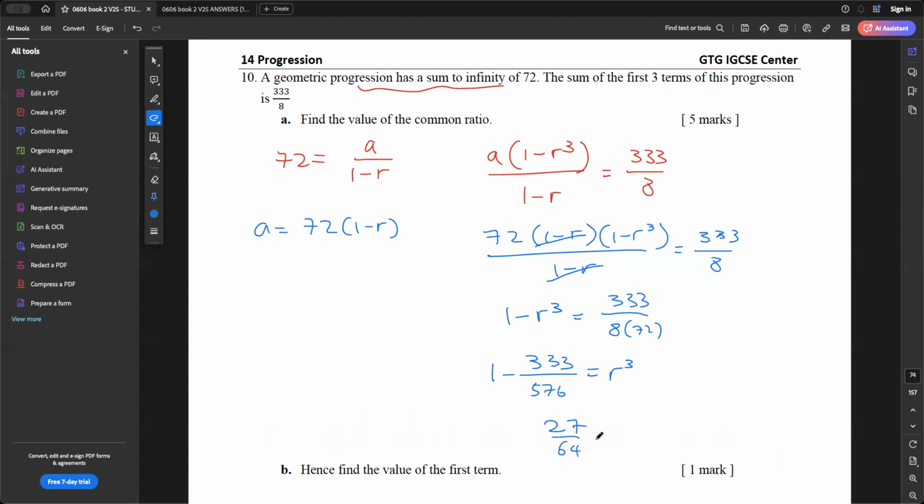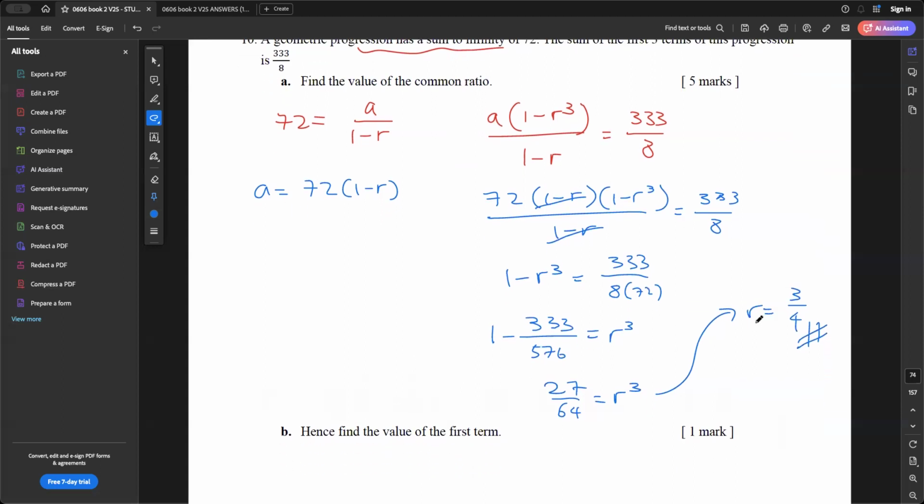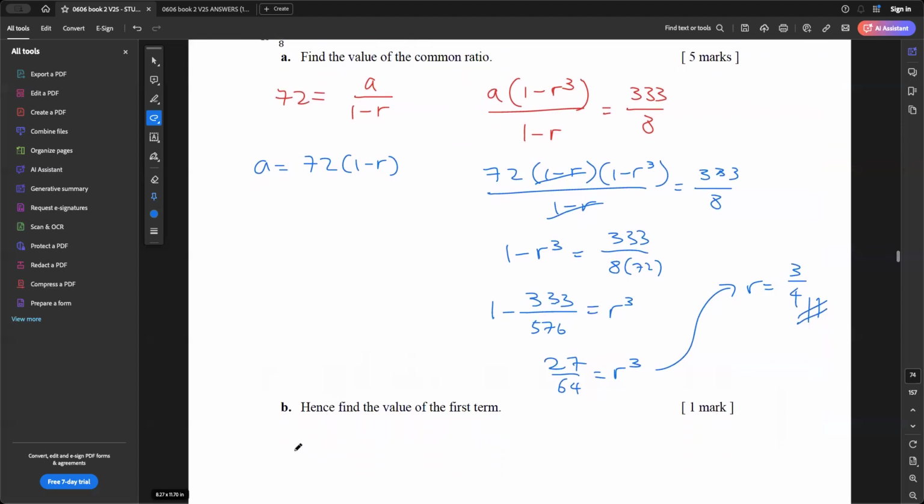27 over 64 is equals to R cubed. R is equals to 3 over 4. Find the value of common ratio. Okay. Hence, find the value of the first term. If R is equal to this, I can substitute into here already, right? 72 is equals to A over 1 minus 3 over 4.